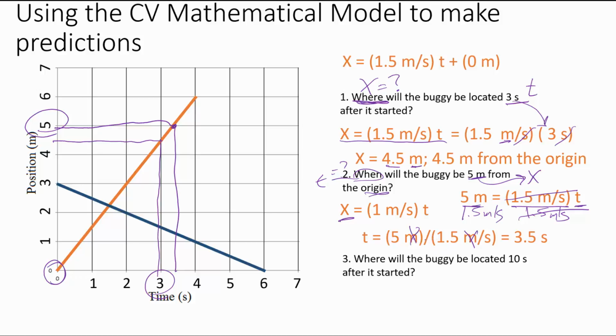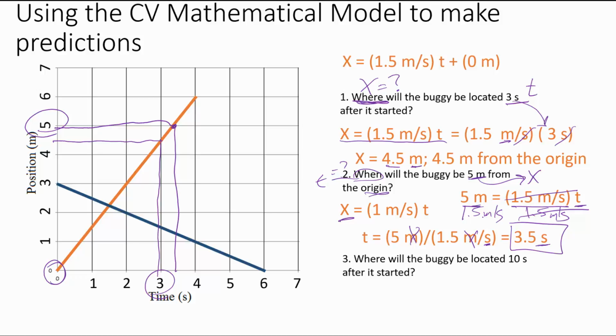And then I have this divided by meters per second. So seconds is in the denominator of the denominator. That means it gets kicked up to the numerator. If you need more help with that, let me know. I can go over that in more detail. So we find here that when the buggy is at 5 meters, that is 3.5 seconds after the buggy started.